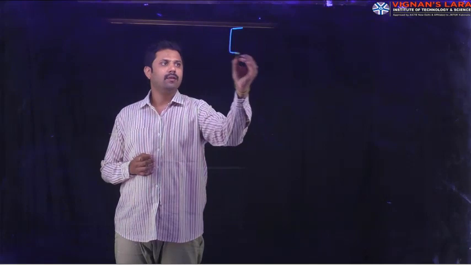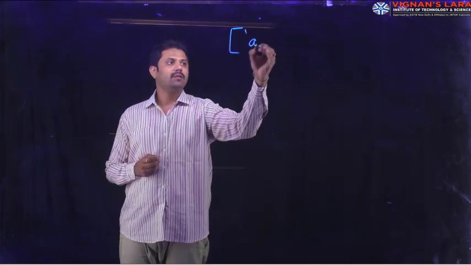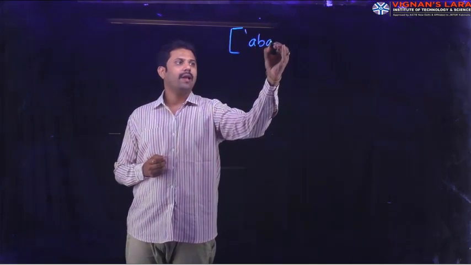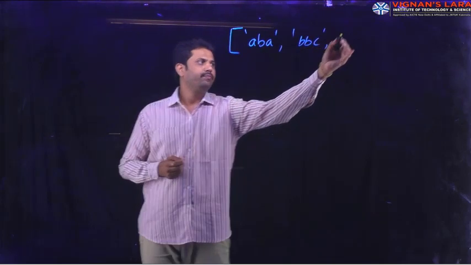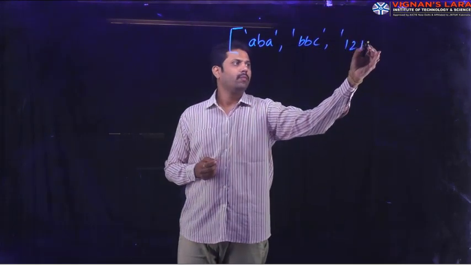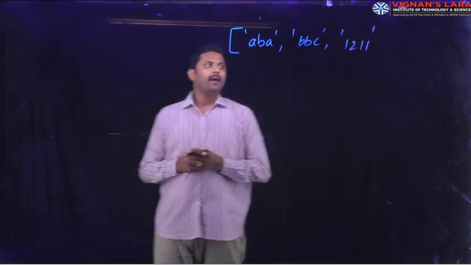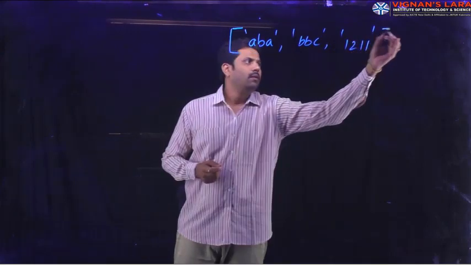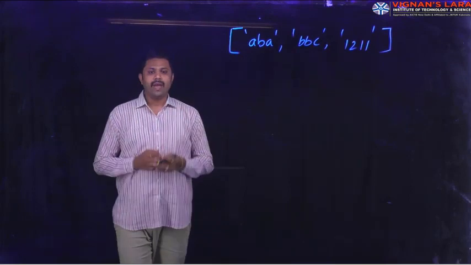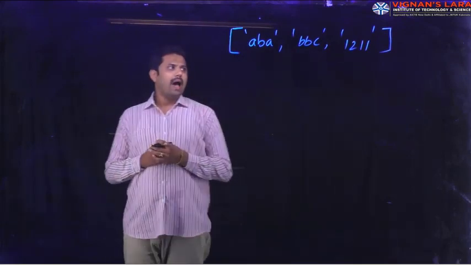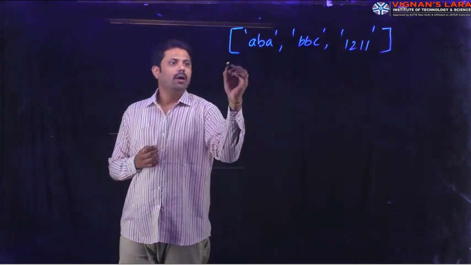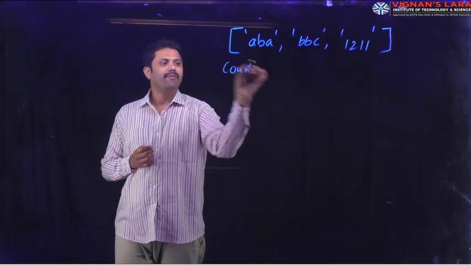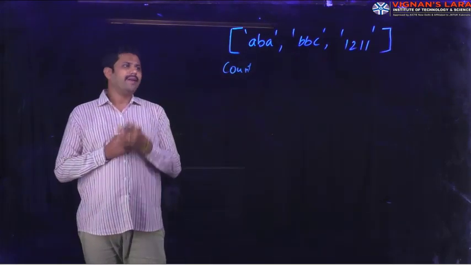Here I am going to take a list which contains values like this. This is my list now. Here I am going to filter, I am going to count some value.